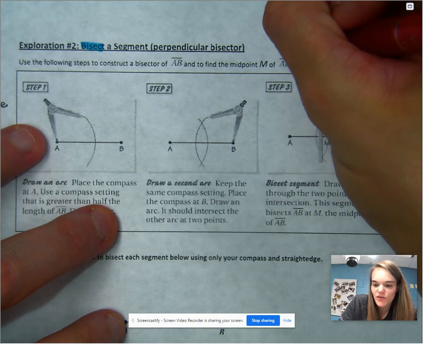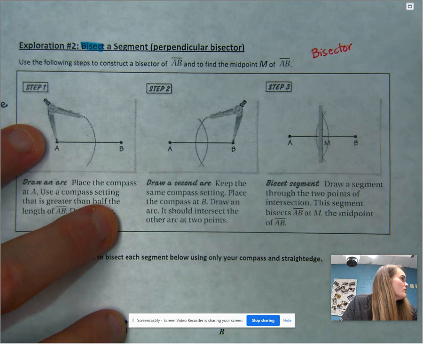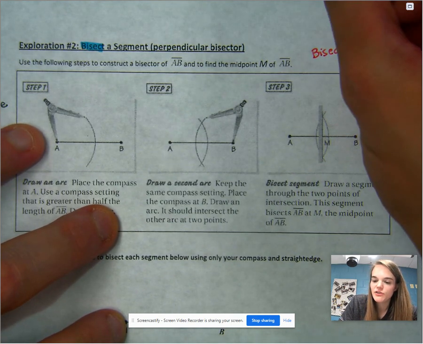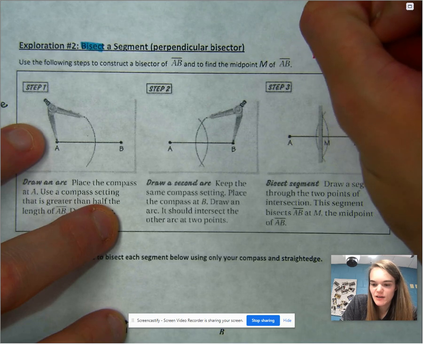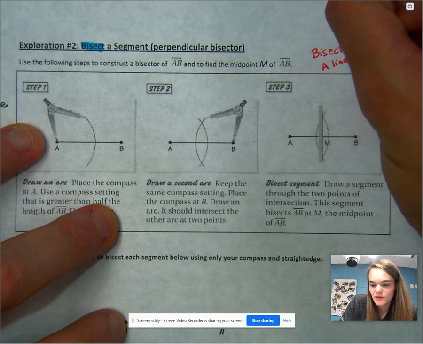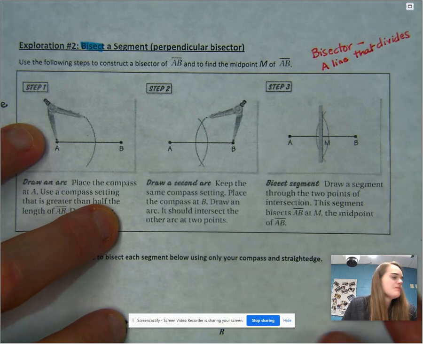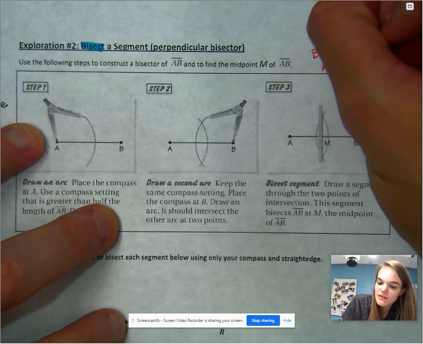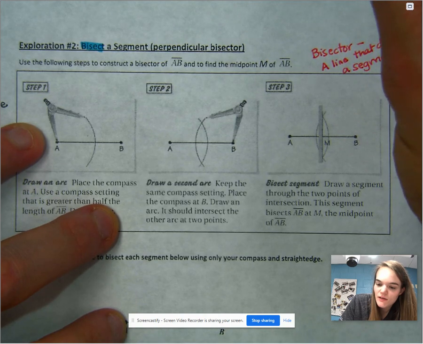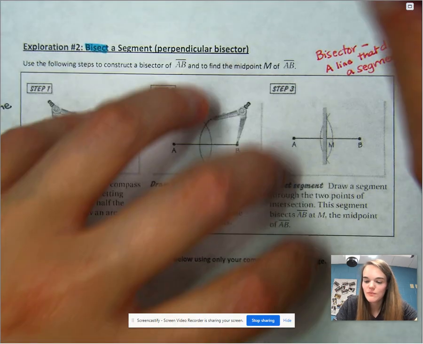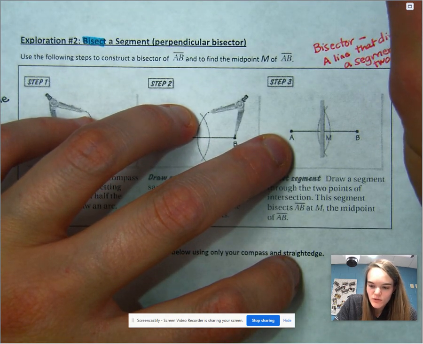Well, a bisector, make sure you can see this. Yep. A bisector is a line that divides a segment into two congruent or equal.